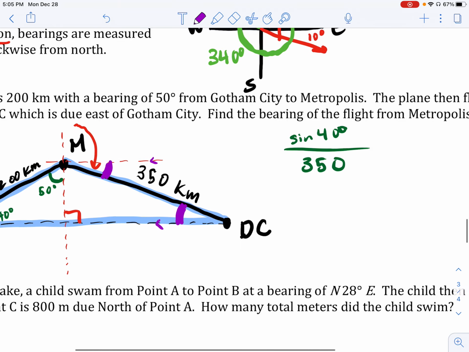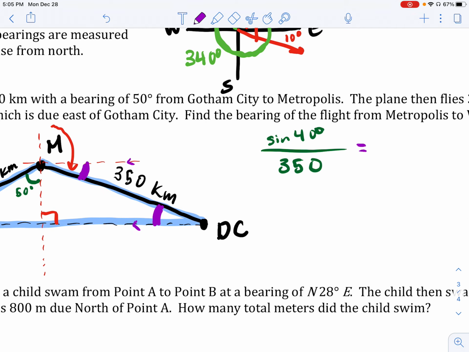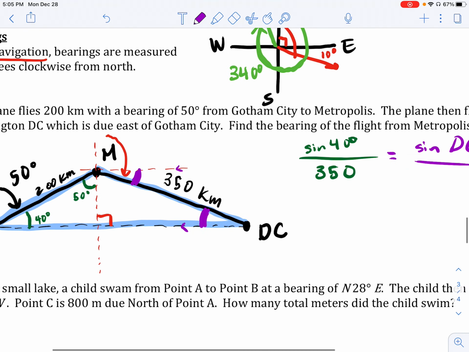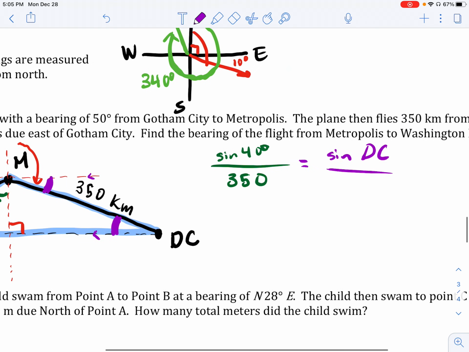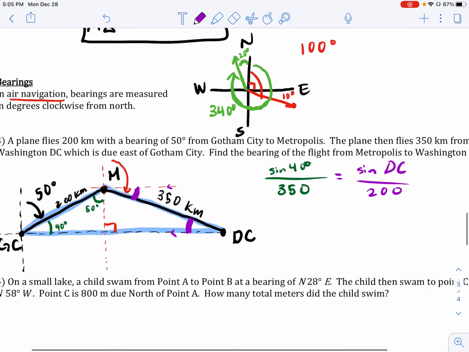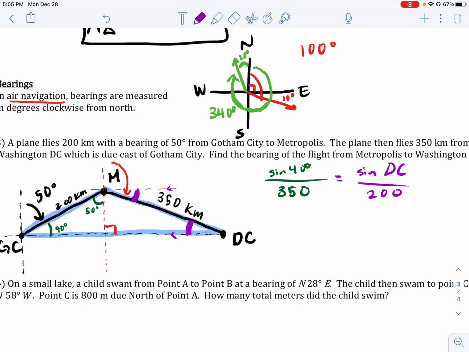So what do I know? I know that the sine, and I'll just call this DC, the sine of angle DC, so we can see that reference point, divided by its opposite side, which is 200, that ratio is going to be proportional to what we initially set up. So from here, just using some basic calculation, we can say angle DC is approximately equal to 21.55 degrees.